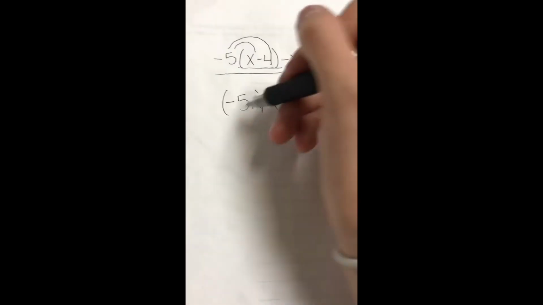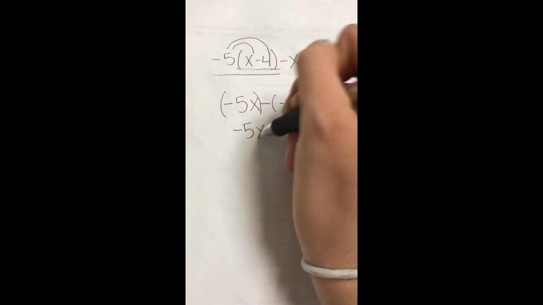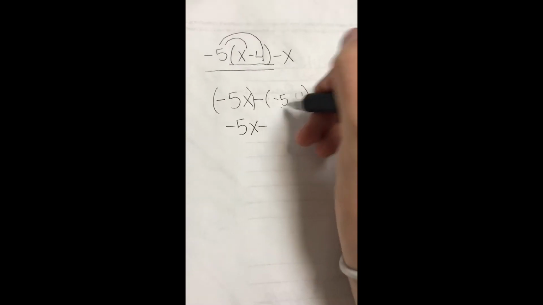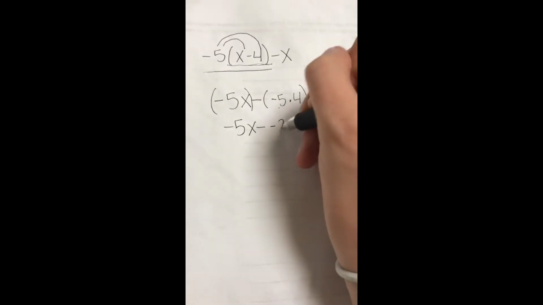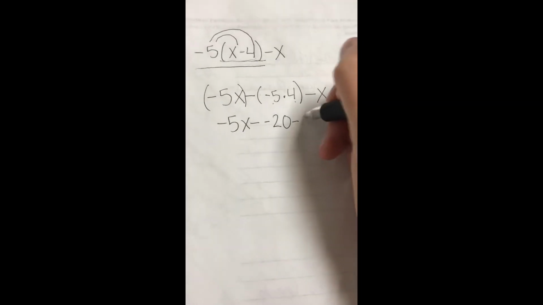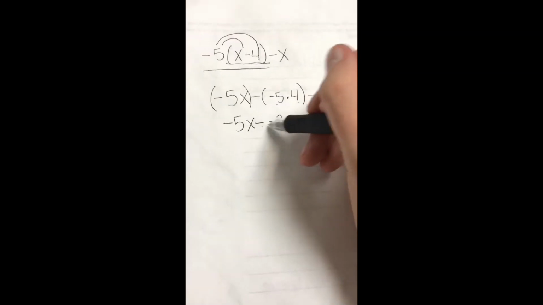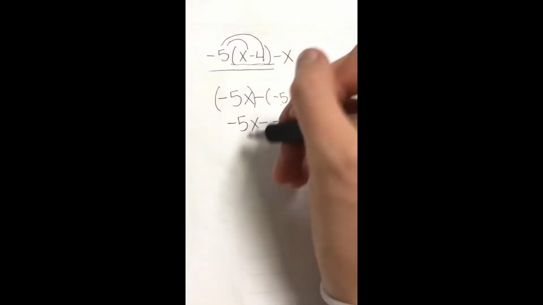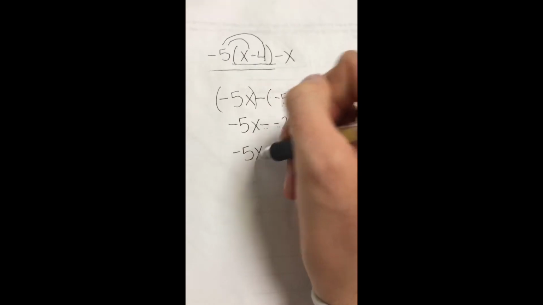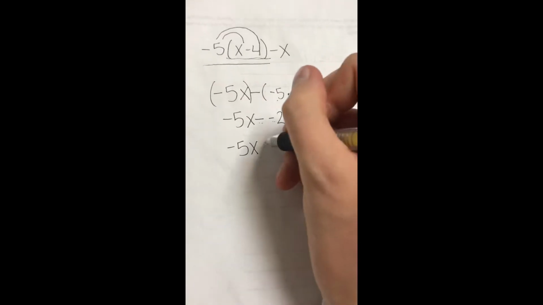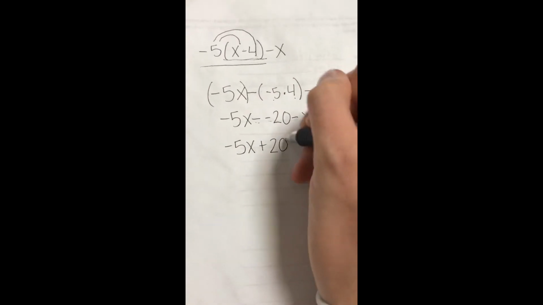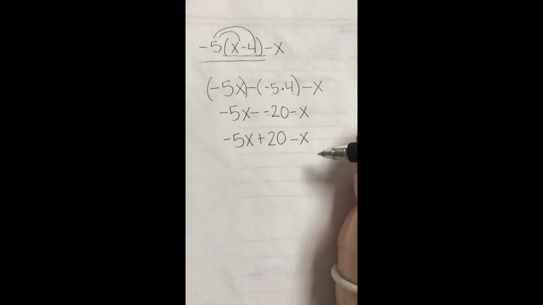Now I'm going to simplify, negative 5x minus negative 5 times 4, negative 20 minus x. I can change that to addition to make it a little bit easier to work with, to make it plus, so plus 20 minus x.